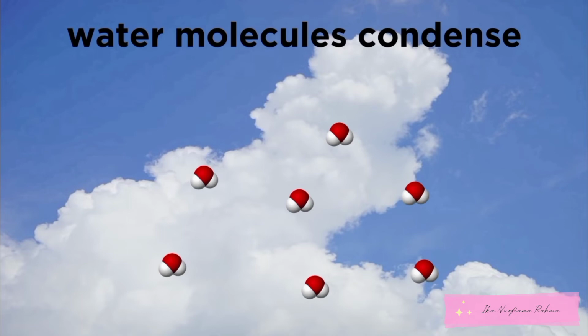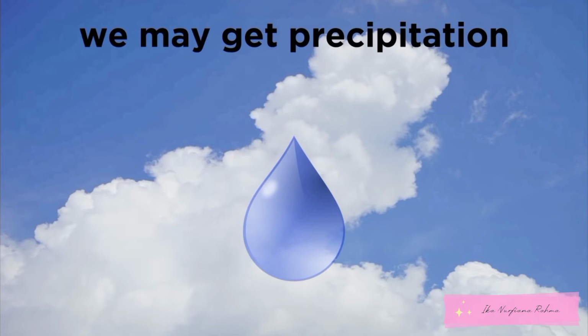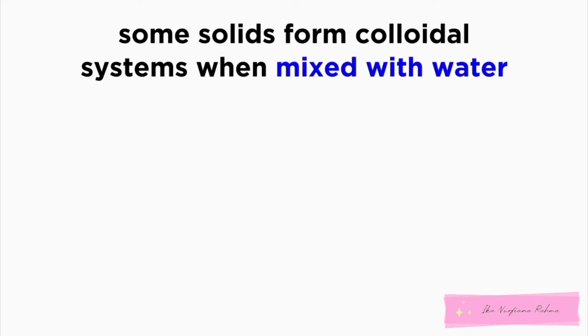Water molecules high up in the atmosphere, which gets very cold, are able to condense enough to form tiny droplets that then accrete. If the water droplets become too large to remain in the clouds, we get precipitation, which is what causes rain, sleet, and snow.